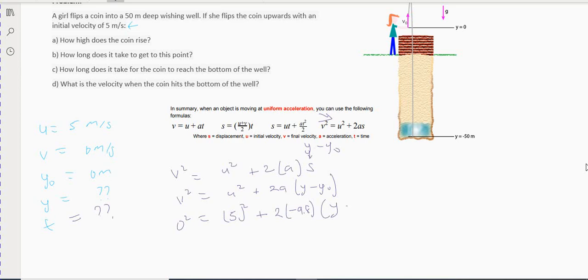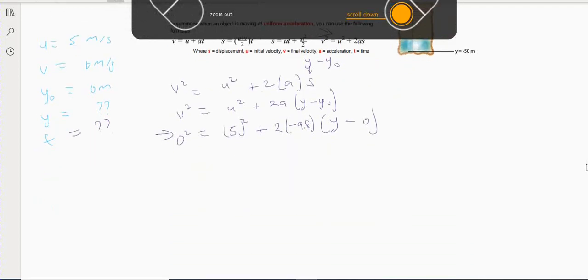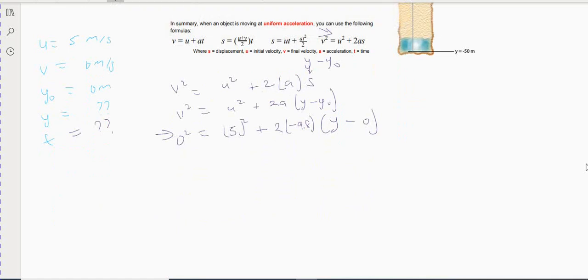So because we're trying to find y, we know the initial displacement, which is 0. We have this equation now. So all we just need to do is a little bit of transposition per se, and that could lead us to getting the answer. So what we're left with is 0 on this side equal to 25 plus, not plus, let's just put the minus 19.6 y.